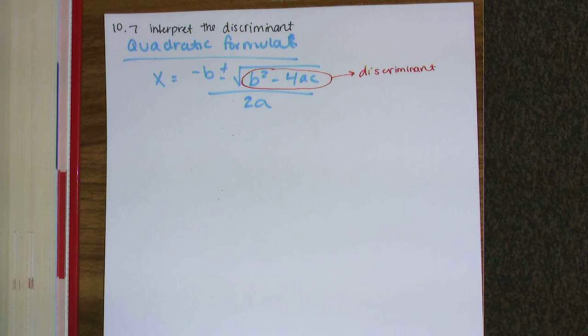And that can give us a lot of information about a problem. So, we're going to be using this discriminant to figure out some important things. We're going to figure out how many solutions we have and how many intercepts we have.